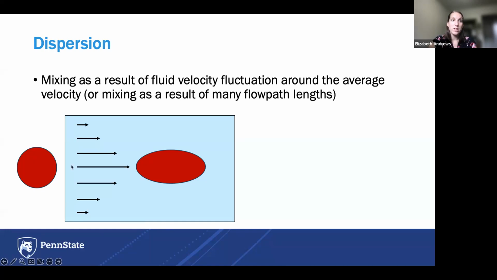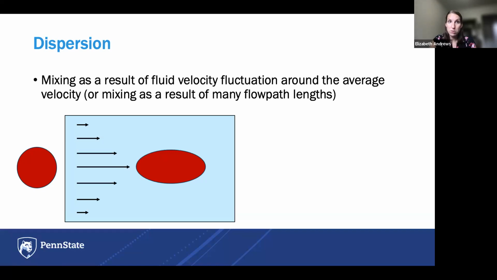And then we have the fastest velocity in the center of the system. And so that leads to mixing, where we have the spreading of the solute because of that fluid velocity difference between the space in the pore or in the column or whatever system we're working in.